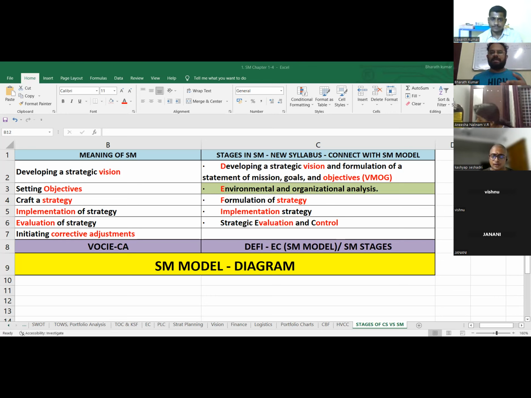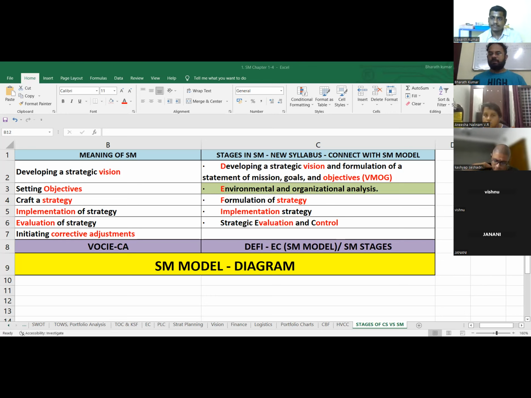Second, you will analyze the internal environment, external environment, and organization. You will do all the analysis. Then formulation, implementation, evaluation, and control. In the meaning of SM, we told corrective adjustments. Here we will say control. D, F, I, E, C.